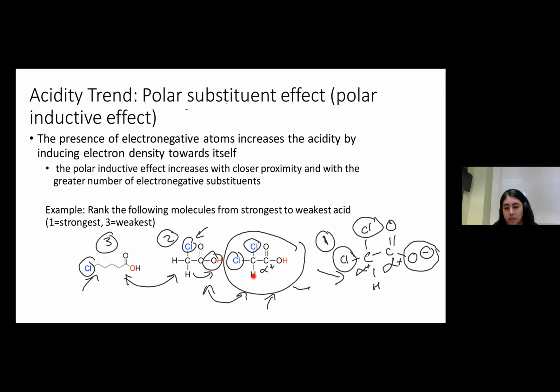No, it would be the same. It doesn't matter where it is localized in terms of this carbon. It just matters which carbon it is attached to. This carbon is a lot farther, but this one's closer. But I don't think it matters if these are switched. Okay, thank you.